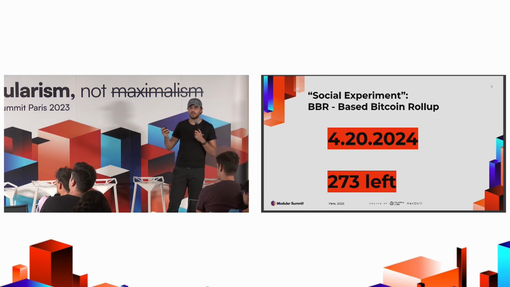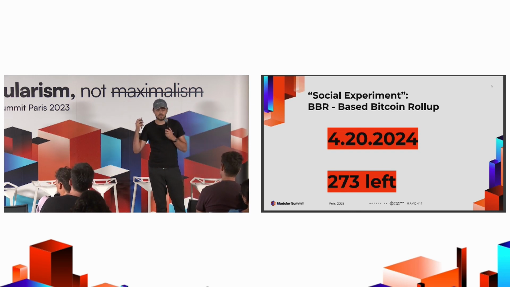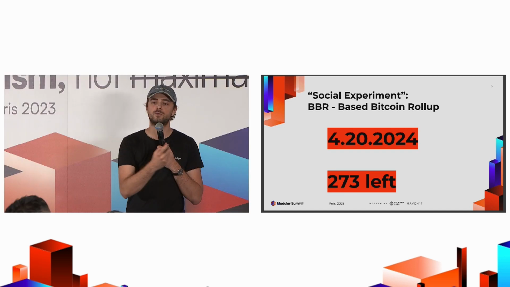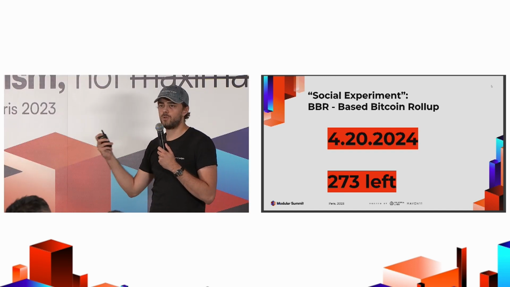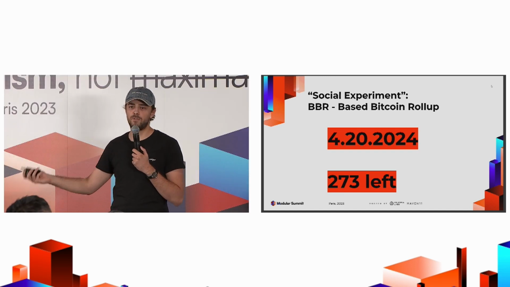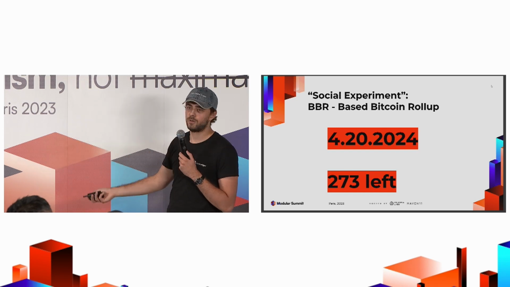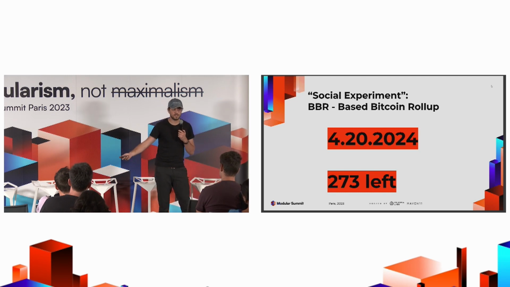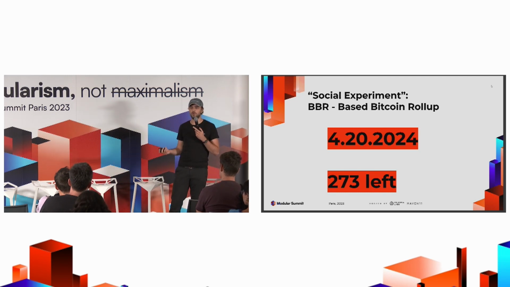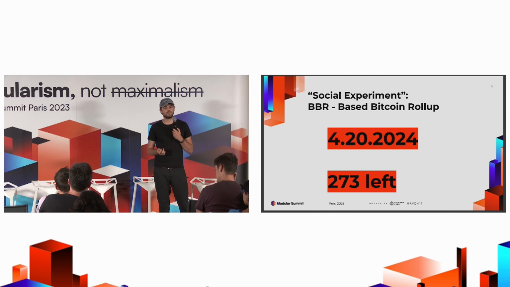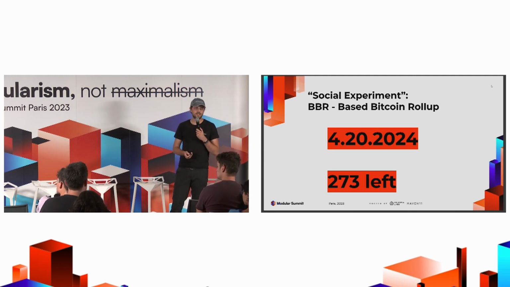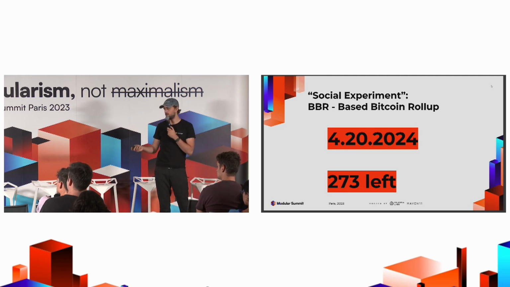Based means that I can delegate inclusion and ordering to the data availability layer. That means if I control ordering, I can also control reordering, which means I can control MEV. I'm leaking MEV to Bitcoin. And now I feel this will be a very interesting side to see how Bitcoin as a whole will deal with MEV. I'll leave it at that. I think this will be a fun social experiment.